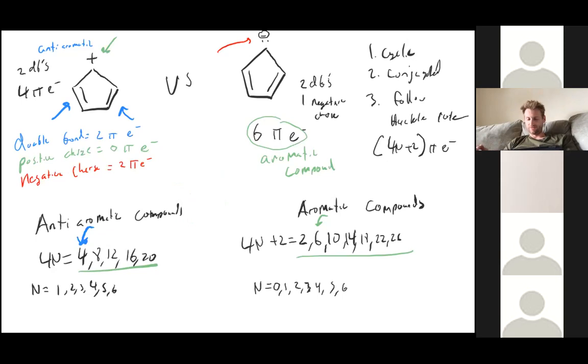If it has one of the values in this 2, 6, 10, 14 range, it's going to be aromatic, versus if it's in this 4, 8, 12 range, it's going to be anti-aromatic. The more we do these, the more they'll start to make sense as to what the 4n plus 2 rule really relates to. But it is a little bit confusing when you're first starting out.